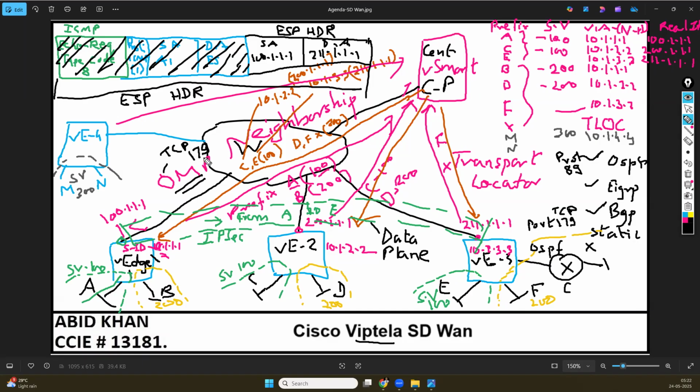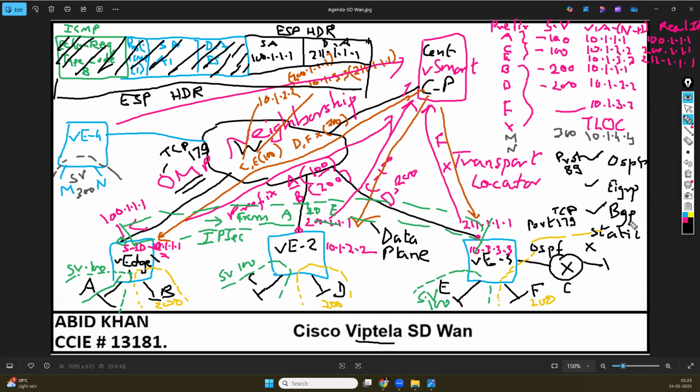But half the part I've done. It will have 179 because OMP has similarities to BGP. Why did Viptela include 179? Because OMP is similar to BGP. It is reliable. It is TCP. Neighborship is there in BGP, OMP also has neighborship.